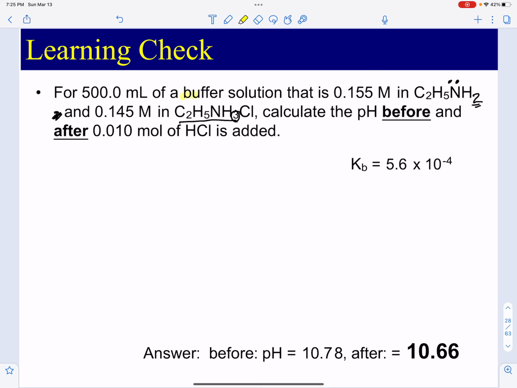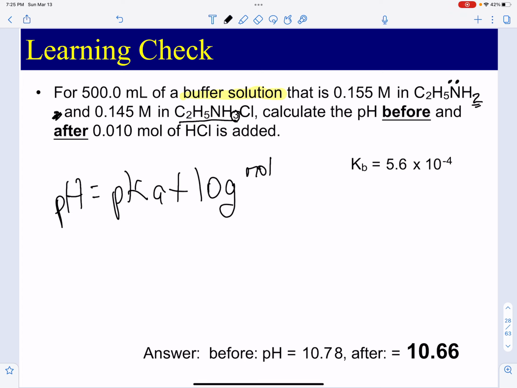Well, we know this is a buffer solution, so immediately pH equals pKa plus the log of the moles of the conjugate base over the moles of the acid. And we are given the Kb.